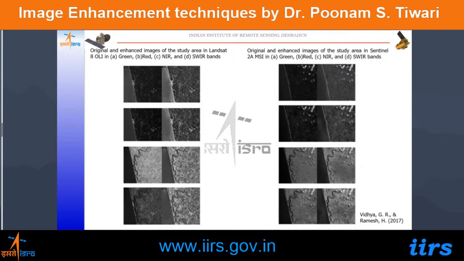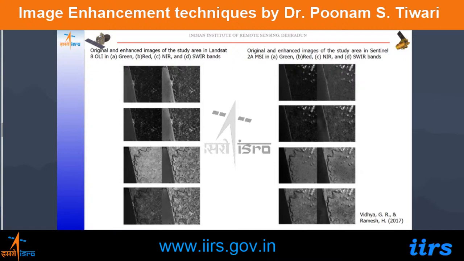Now, what does this do? When we are doing a big project in which we have to mosaic multiple images, the histogram of one image would be different from its adjoining image. So during the mosaicing, what will happen? We will not get a seamless mosaic.